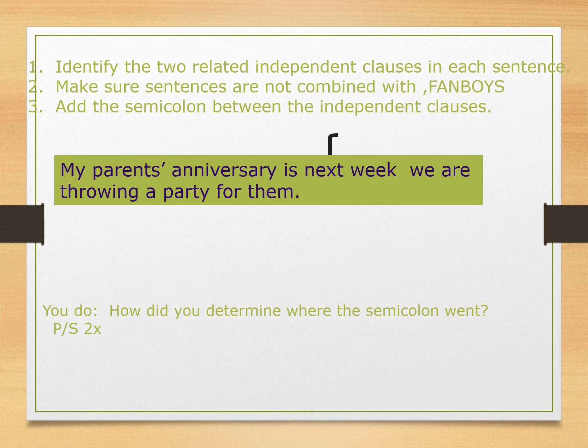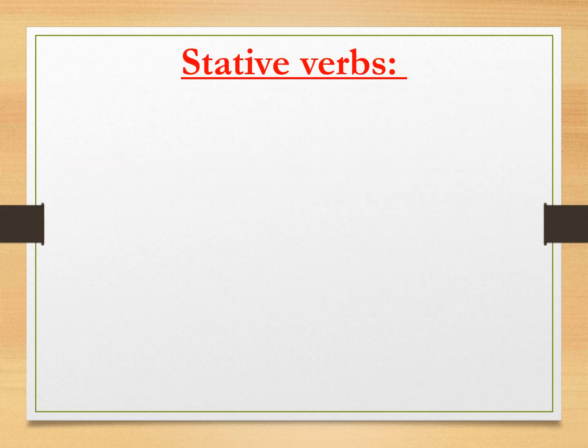So here, where can we put the semicolon? My parents' anniversary is next week. It's an independent clause. Another clause, we are throwing a party for them. Okay, so here we have two independent clauses, right? Excellent. So here we have to use a semicolon between these two independent clauses.